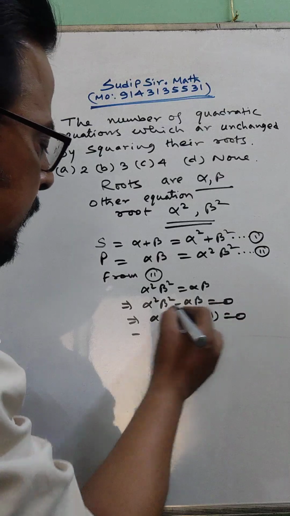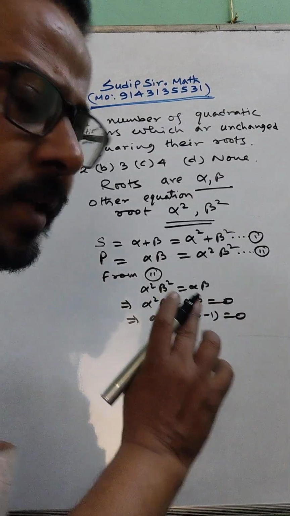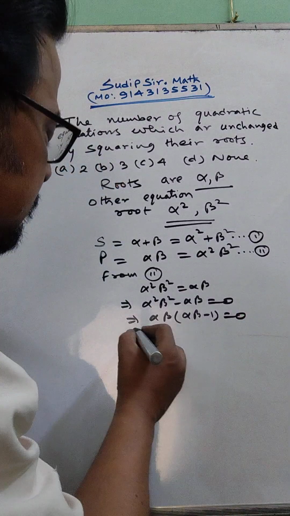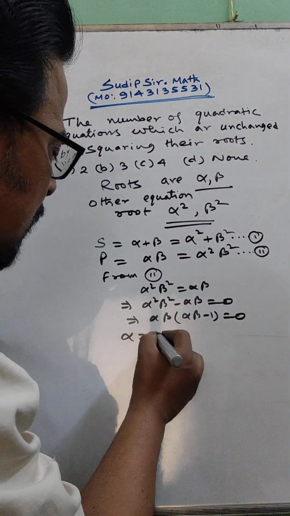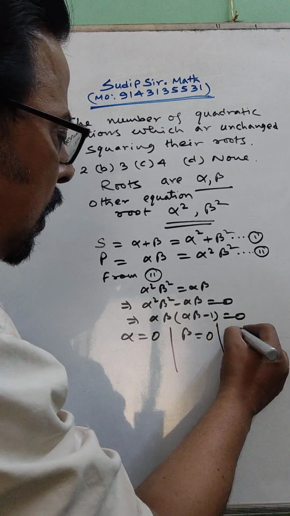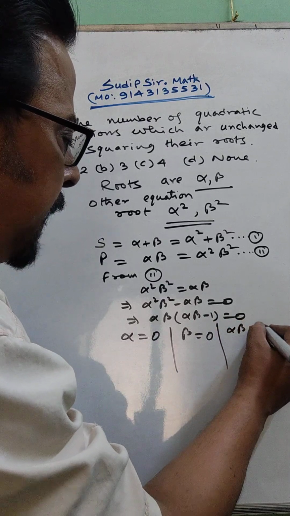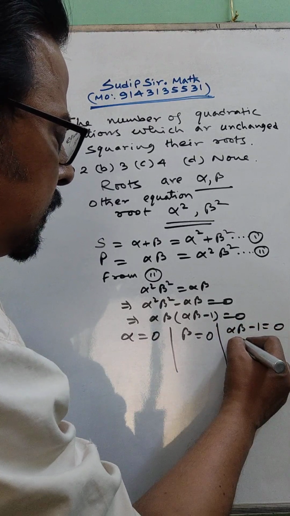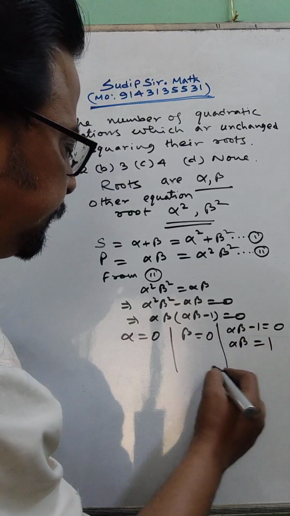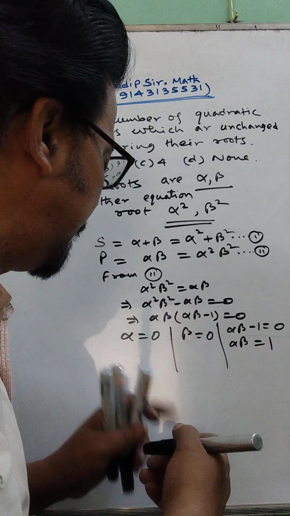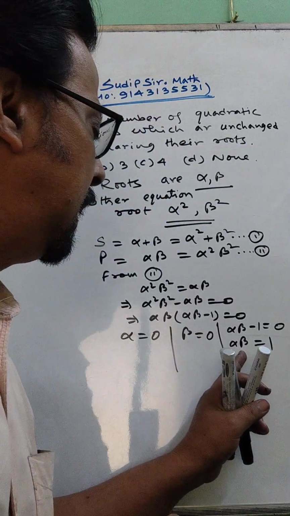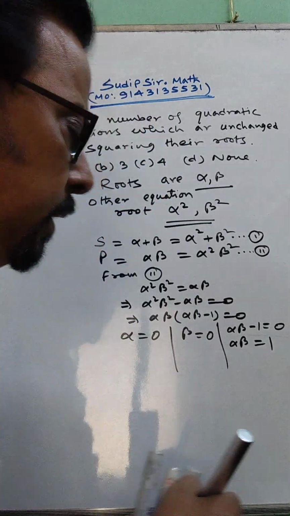Now from this we can get three conditions. That is alpha equal to 0, or beta equal to 0, or alpha beta minus 1 equal to 0. That is, you can say alpha beta equal to 1.